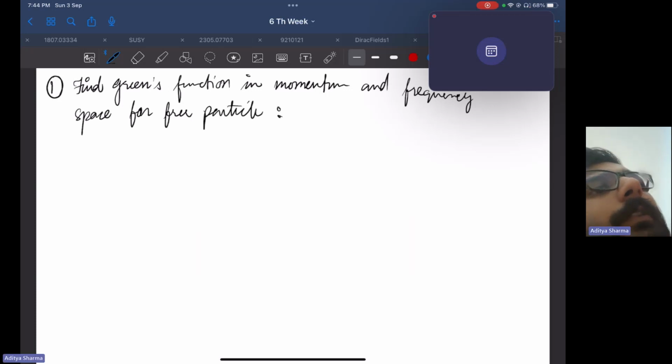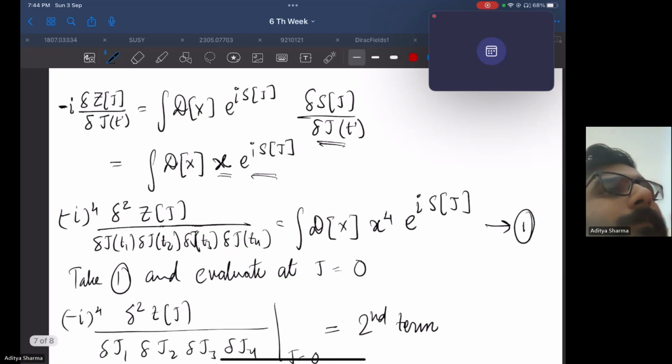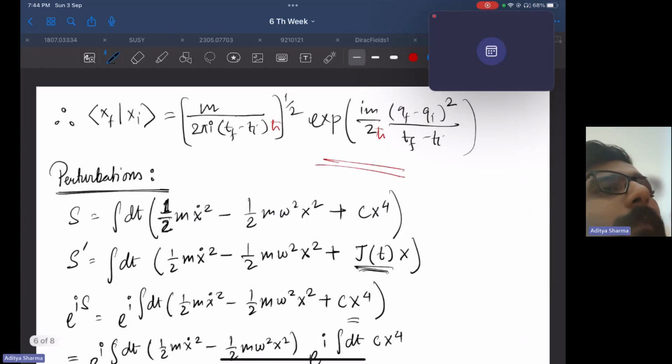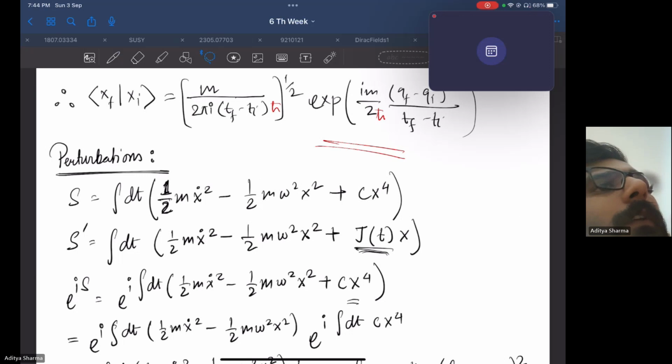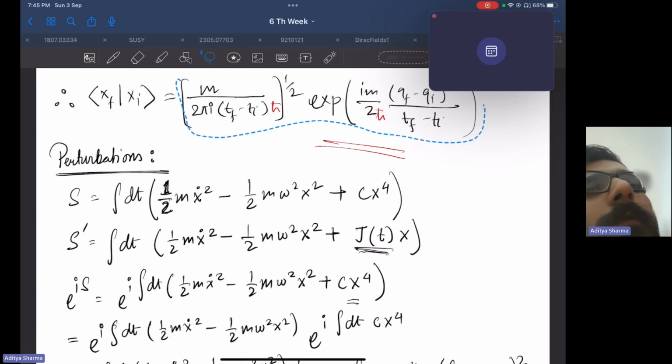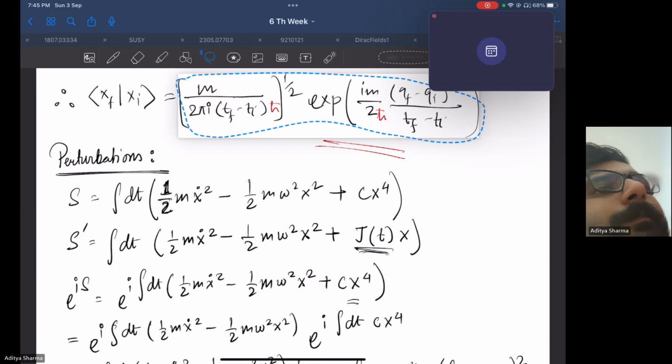So the free particle Green's function which we had found was this. I'm just going to copy this. We won't put any h.